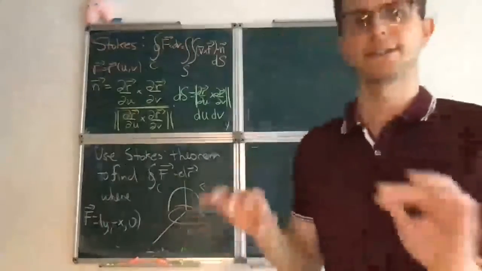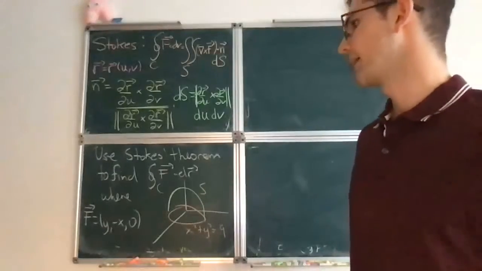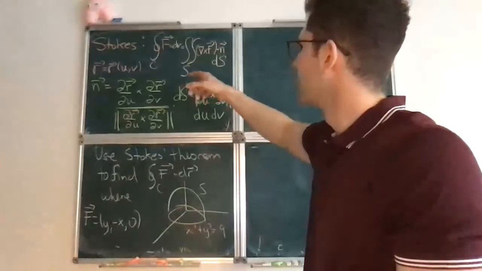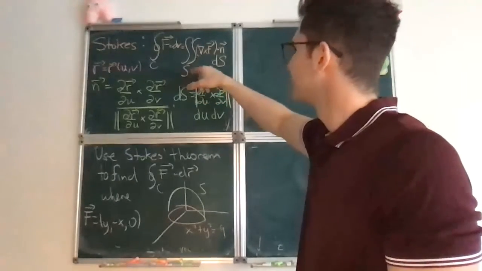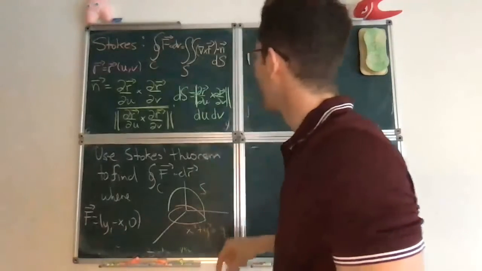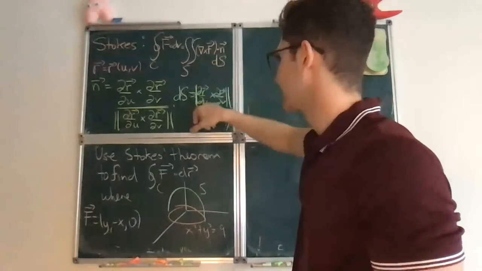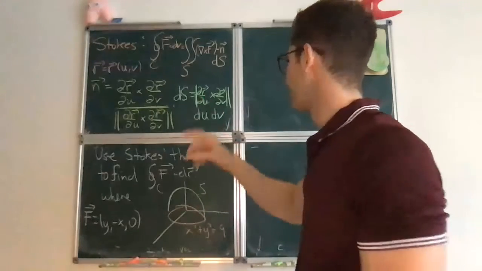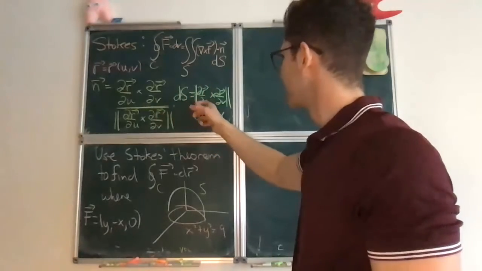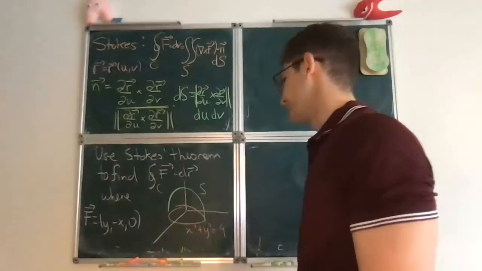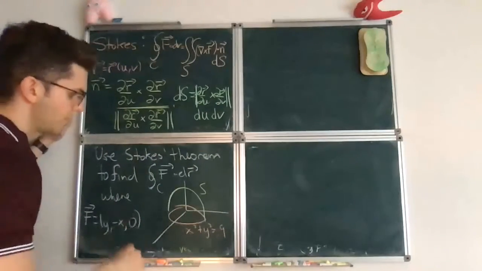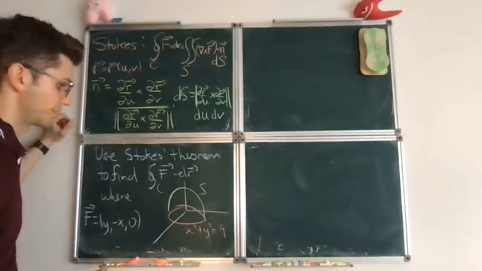But philosophically, it's better to just write it this way, because you can still do surface integrals which do not involve this particular expression, and for those you still need to use dS with this formula. So it's better to always keep dS as it is, even though in practice this factor ends up canceling that factor.